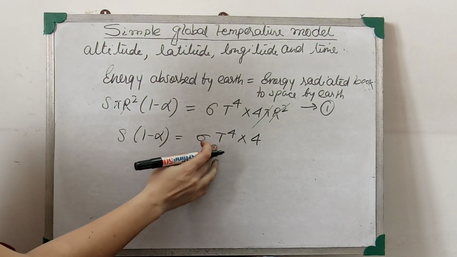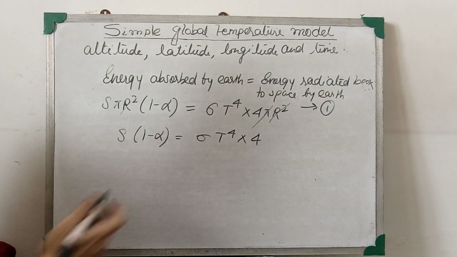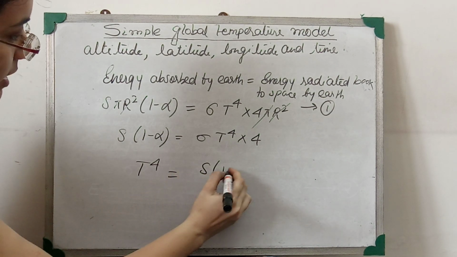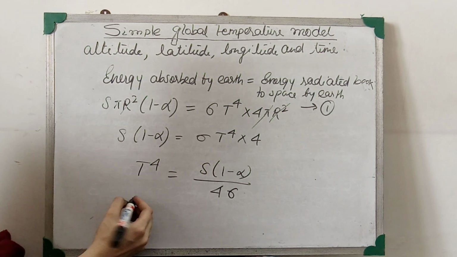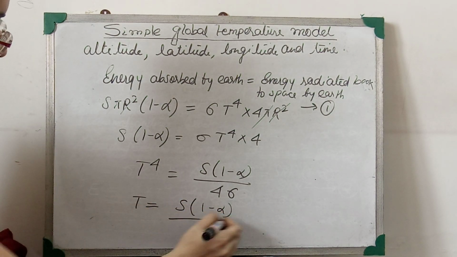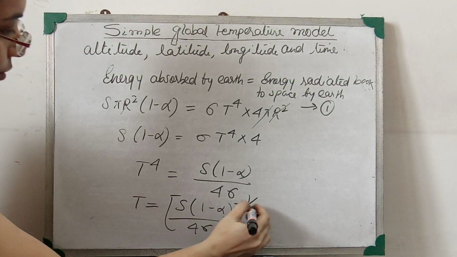So we calculate the effective temperature of the Earth black body. T to the power 4 is equal to S(1 minus alpha) divided by 4 sigma. So temperature is equal to S(1 minus alpha) divided by 4 sigma, whole to the power 1 by 4.